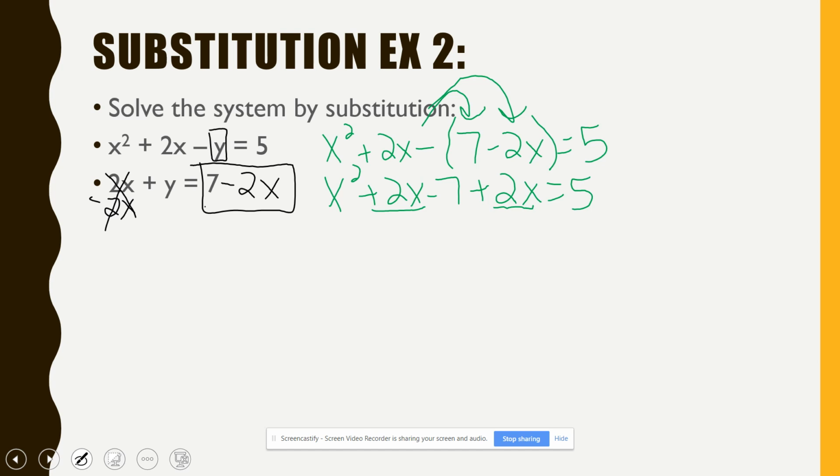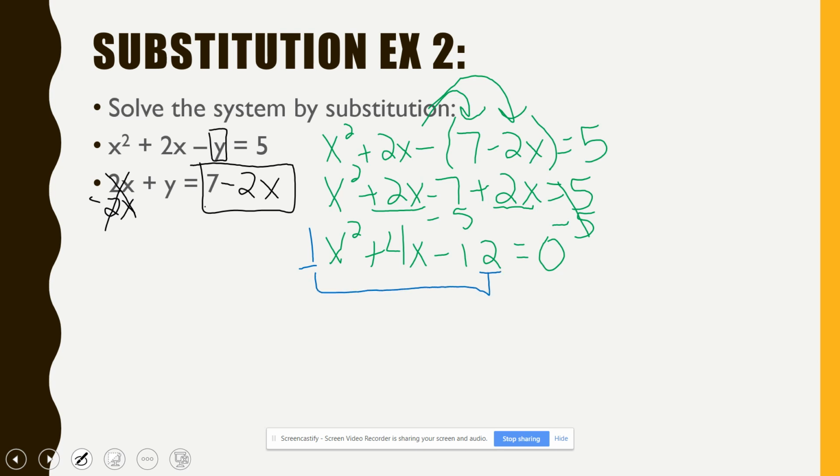I'm going to combine these two like terms. Again, they're on the same side, so I don't have to do opposite operations, and they just add to 4. And then I'm going to subtract the 5 over to the 7 because we know in order to solve using factoring, our equation has to be equal to 0, which now it is.